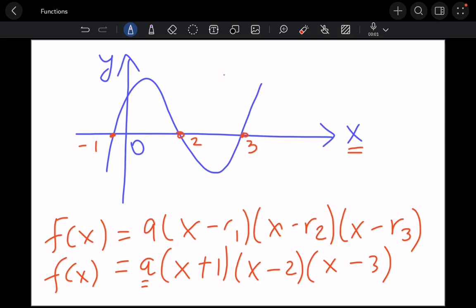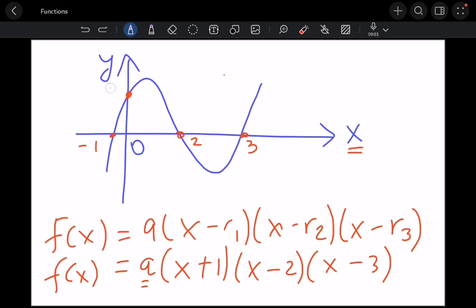The value of a can be found by substituting the point in which our function will cut the y-intercept. So let's say we are told that the function will cut the y-axis at this point.